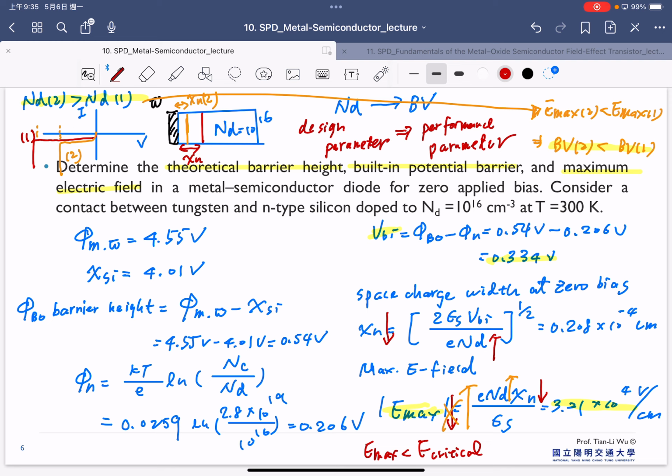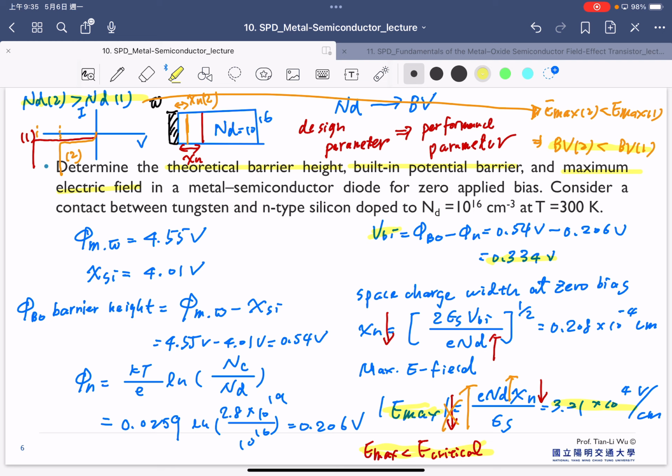That's the maximum breakdown strength for a semiconductor material. For silicon it is a certain value, but other materials have other values. In any case, we need to make sure our E max is always smaller than the E critical.